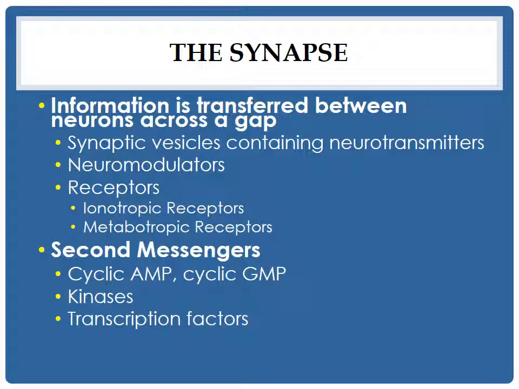Transcription factors turn on gene expression or turn off gene expression, and it's not permanent, but it can be relatively permanent. You don't have to know the specifics on this, but just know that these secondary messengers can have a lot bigger effects than just starting an action potential.